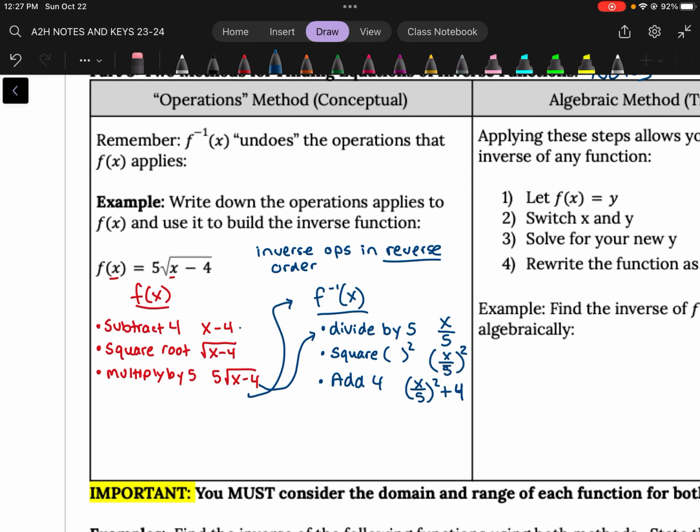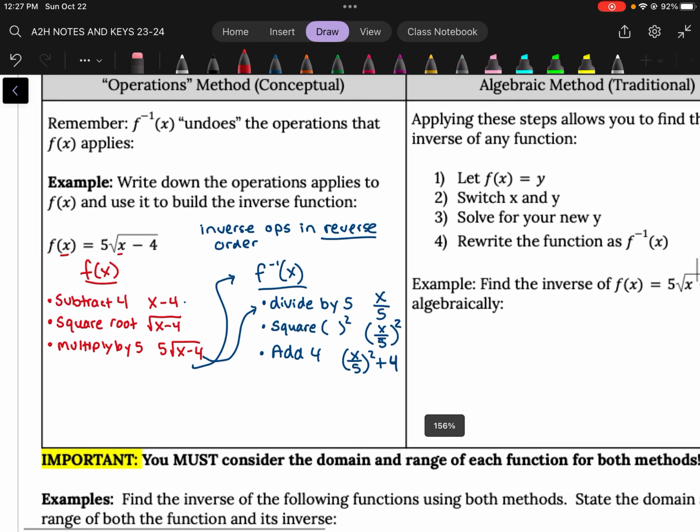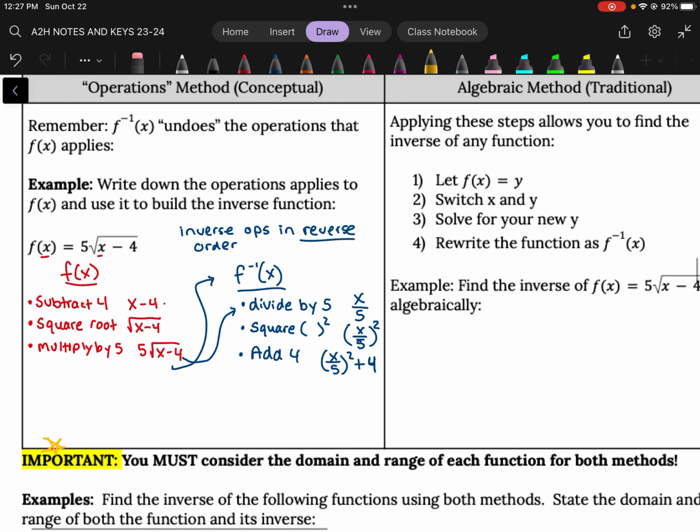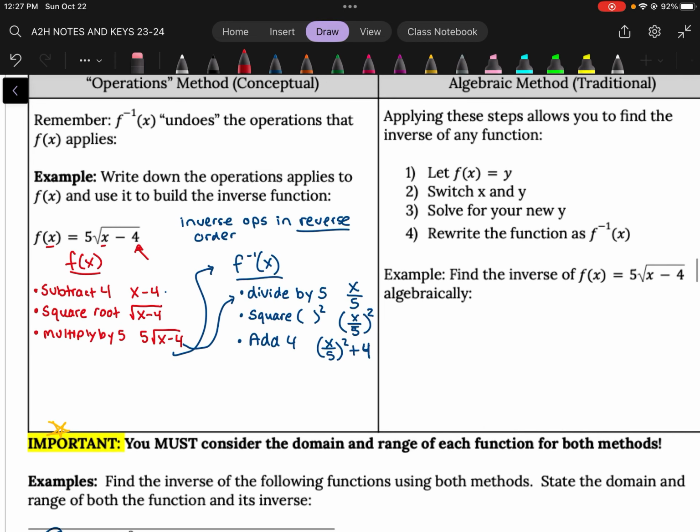Right? Now, very important, and we'll mention this on this one too, but it's very important that we consider the domain and range for each function, okay? This is going to potentially add a restriction on to the inverse, right? I like to think about this as there's a restriction here that is really talking about the domain. But if we think about the domain of f of x, we know that it can only accept numbers greater than or equal to 4, right?